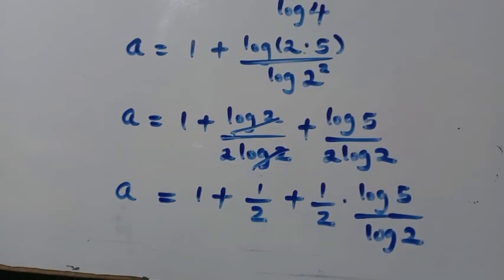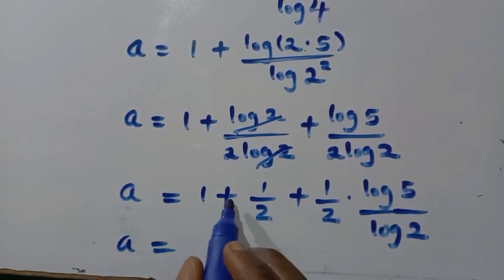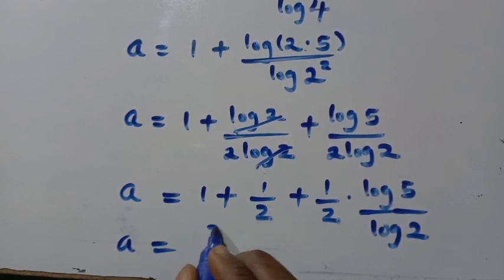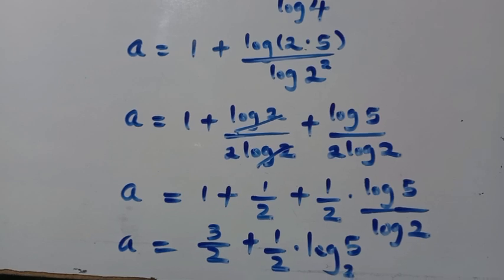By this, we have a equals 1 plus 1 over 2, that is 3 over 2, plus 1 over 2 multiplied by log 5 divided by log 2, which is given as log 5 base 2.